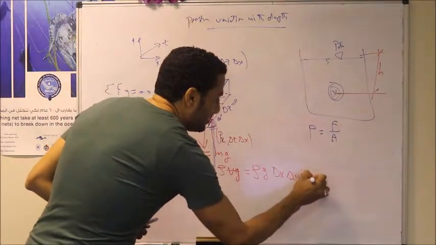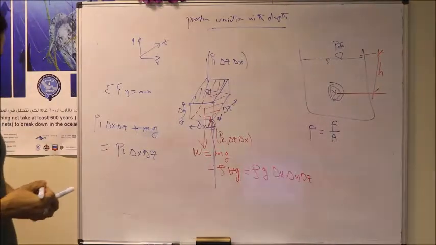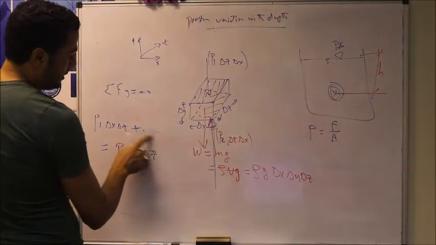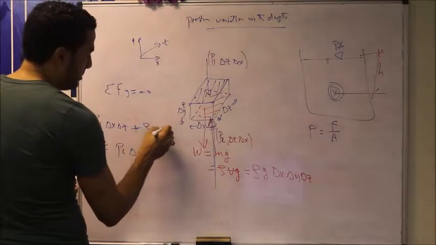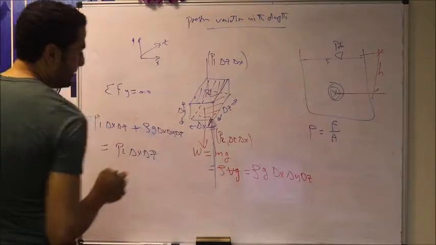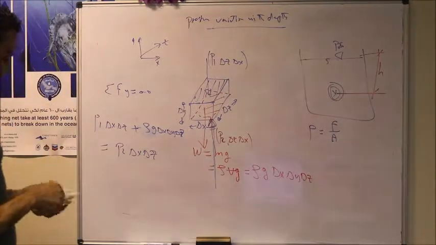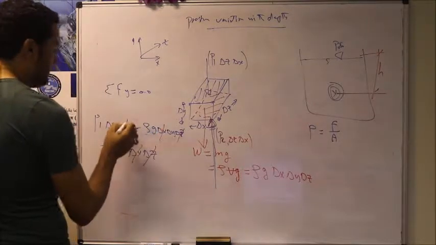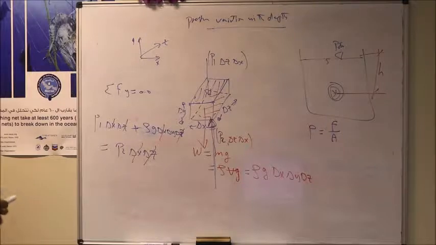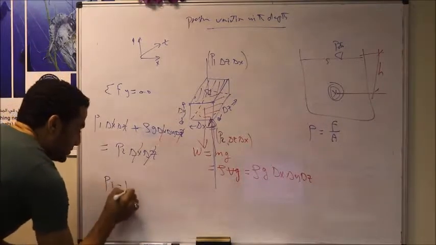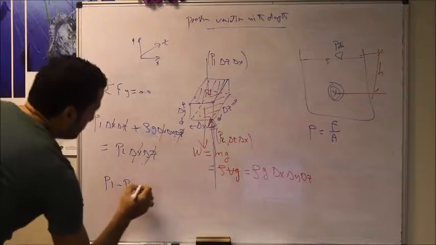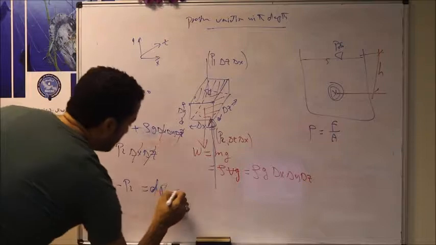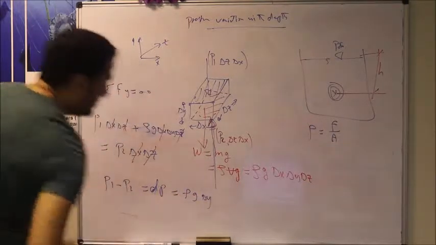Delta X multiplied by delta Y multiplied by delta Z. So we can substitute here for mg, this term will equal rho g multiplied by delta X multiplied by delta Y multiplied by delta Z. Based on that we can remove delta X and delta Z from this equation, and then we come up with the pressure difference through this element, P1 minus P2, which is called delta P. The pressure difference through this element is equal to rho g multiplied by delta y.